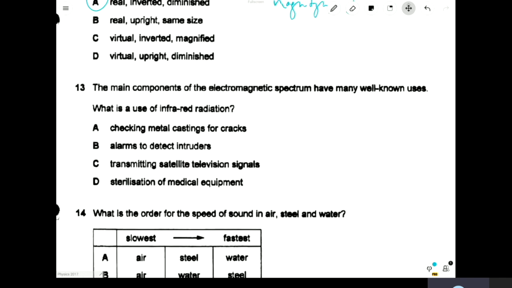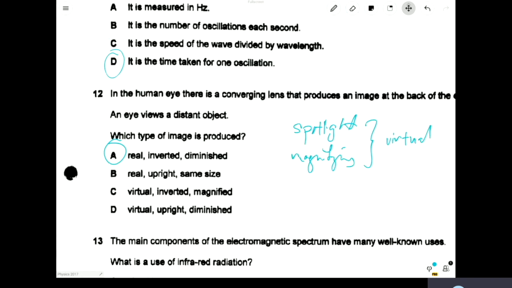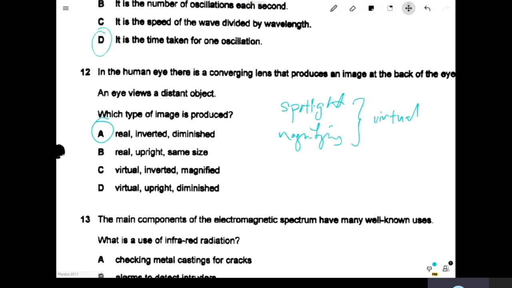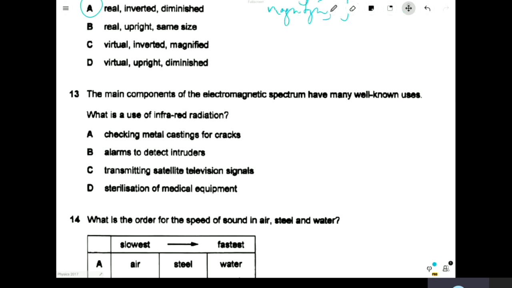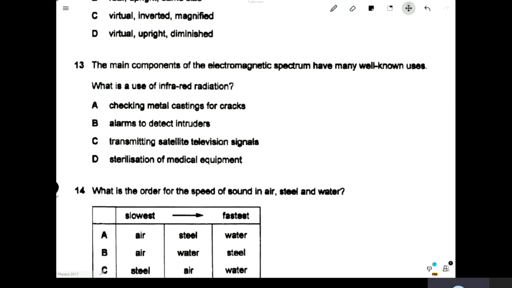Next. So you see the first 10 questions, I think it's quite okay. Only here a bit shaky already. What is the use of infrared radiation? This is like the gamma rays. What is infrared used for? Sterilizing? No, that's gamma ray.